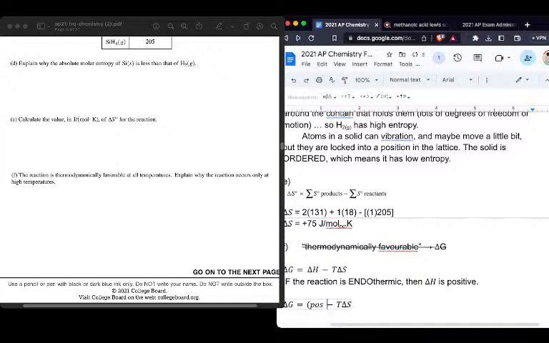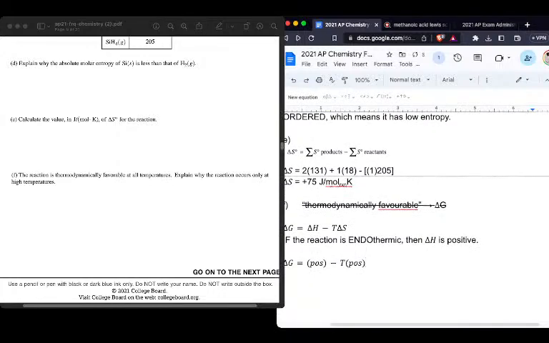So if this is a positive number, and delta S is also a positive number, then how could delta G ever actually be negative, which makes it spontaneous?